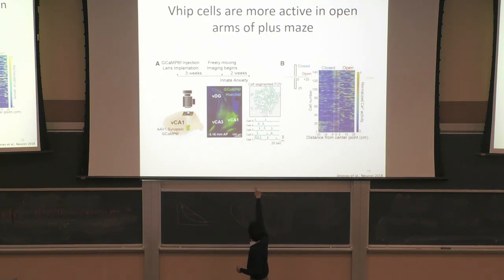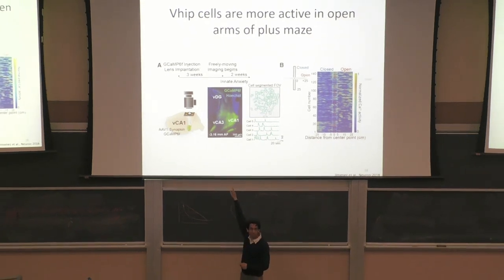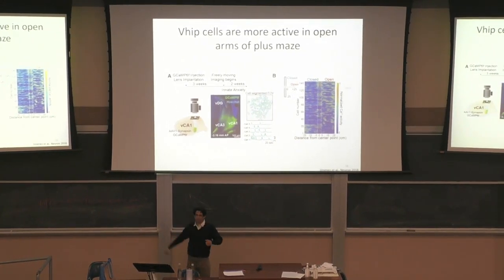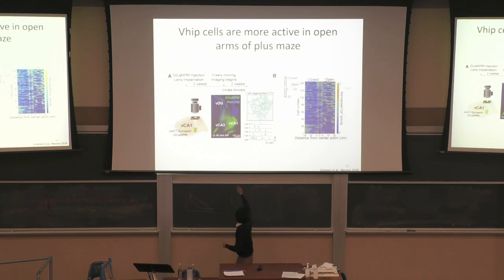Each little peak you see is when that cell was more electrically activated, so it has more calcium in it, and the calcium makes the GCaMP fluoresce more. Those 5 traces are of cells in the ventral hippocampus while the mouse was walking around in this plus maze. The cell-segmented field of view shows the positions of the cell bodies that were extracted from this movie of fluorescence.